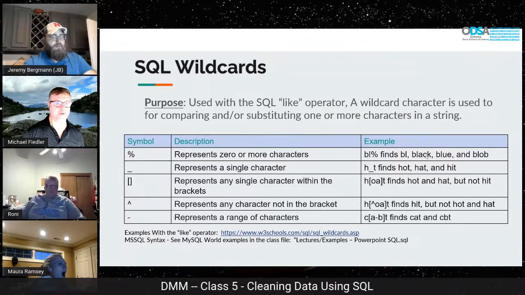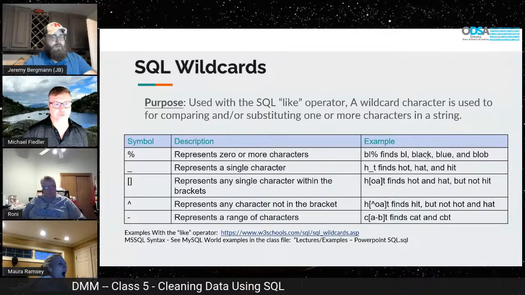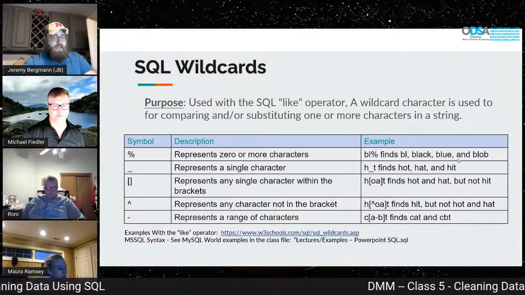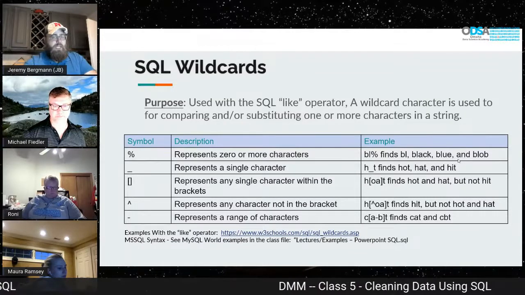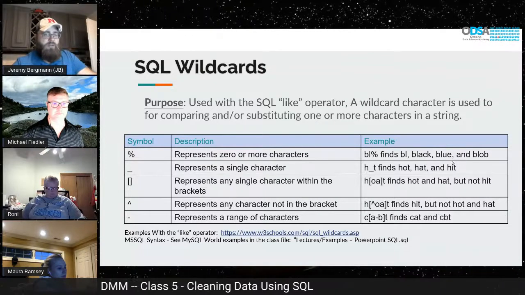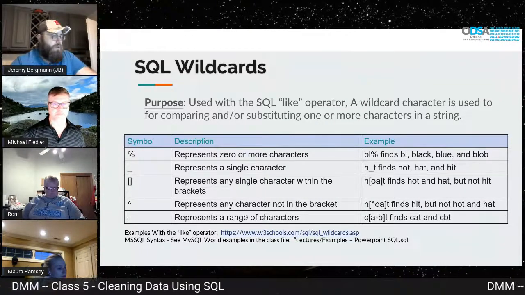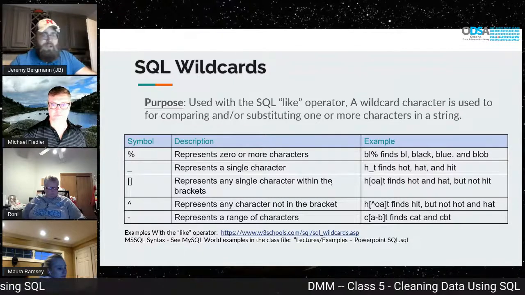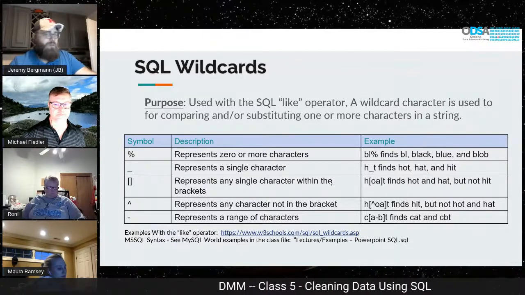So you can get New York City, New Richmond, whatever city, et cetera. Yeah, you could use new, then anything in between, and then city. So you could do it in two parts.